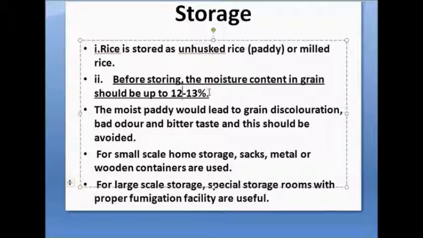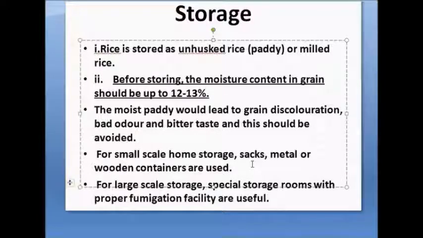If you want to use it for consumption, then rice can be used. So unhusked rice, that is called paddy, or milled rice, they are to be stored. Storage can be done at government owned godowns, they are called warehouses. The warehouses are well ventilated, their fumigation is done and there is no insect pest.